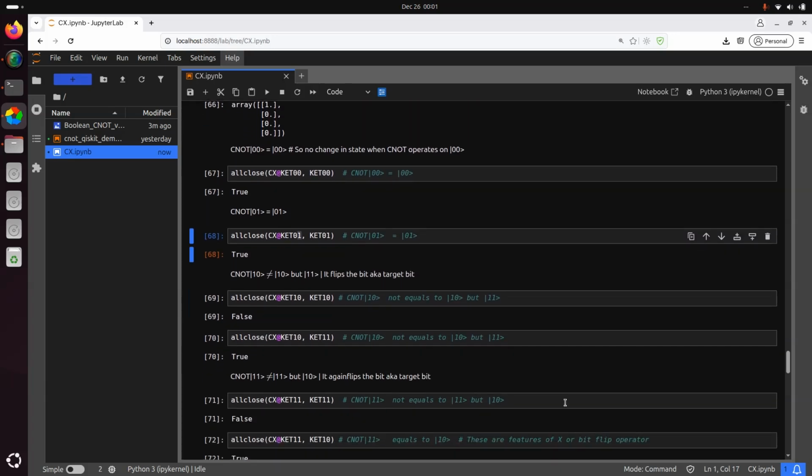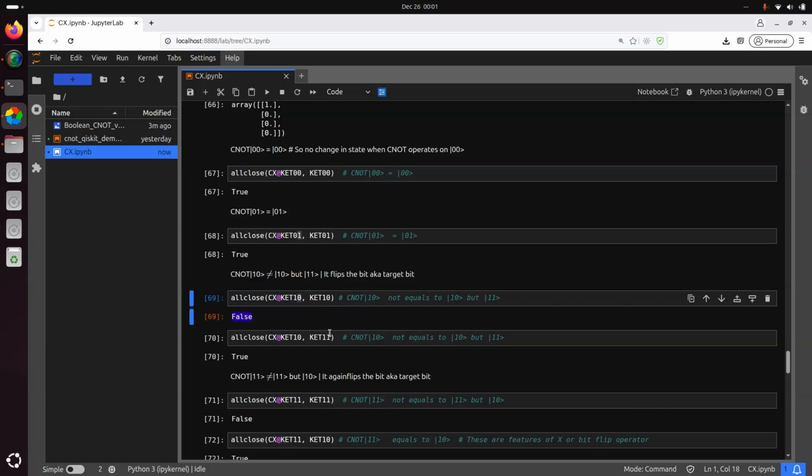And here comes the magic. When CX is operated on ket 1, 0, where the source is in the excited state and the target is in the ground state, I was expecting no change. However, I'll end up with a different answer here.